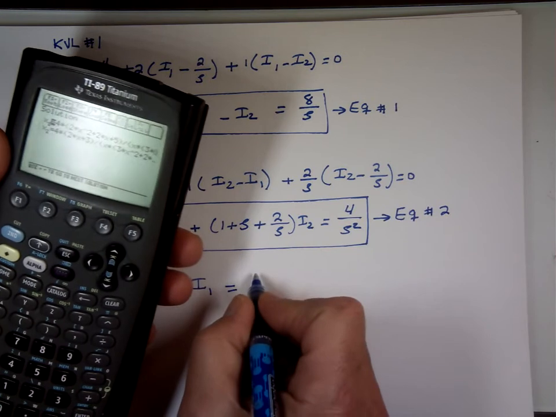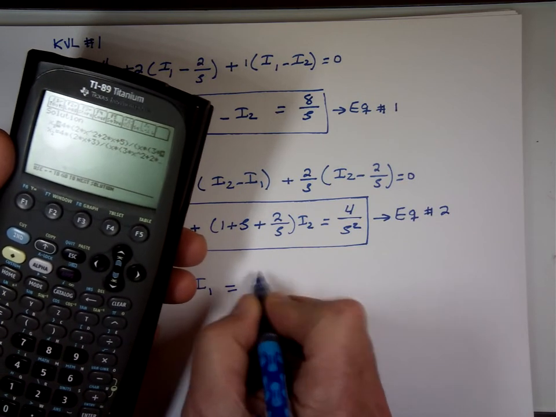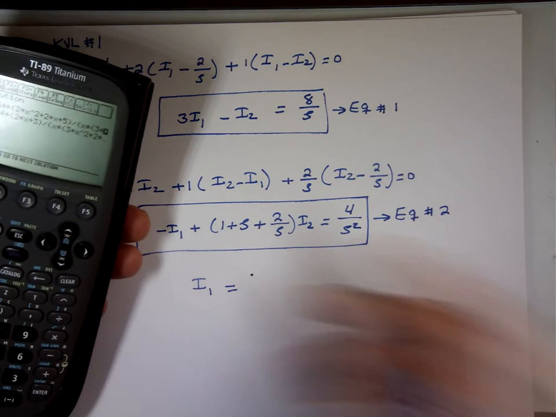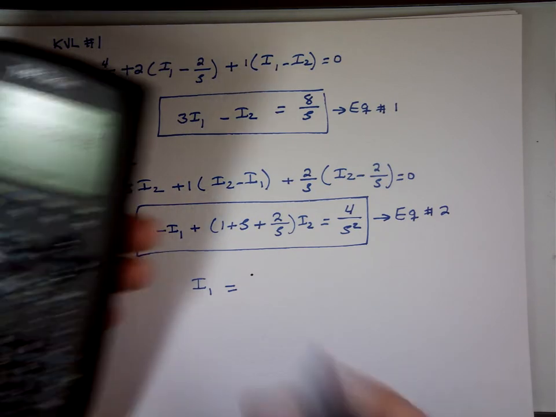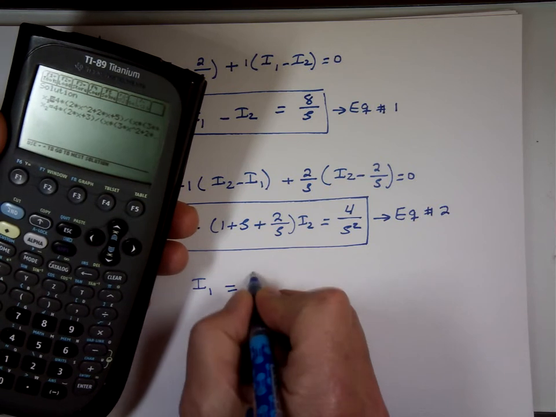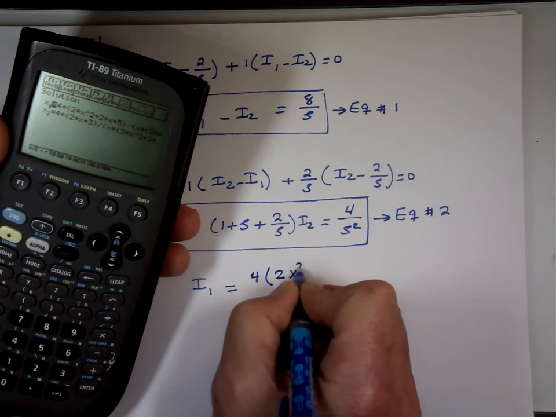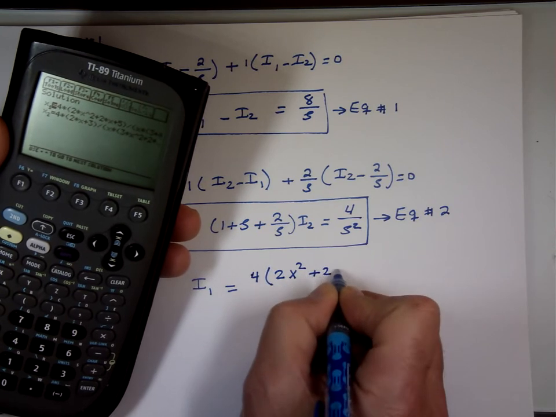Shouldn't the 2 over x be in parentheses? Can you put it in? No, it goes in that location here. Okay. There's a block there for it. It's 4 times, again, you can double check these, 2x squared plus 2x. Oh, s. This is x, Mike, but we're using s here.